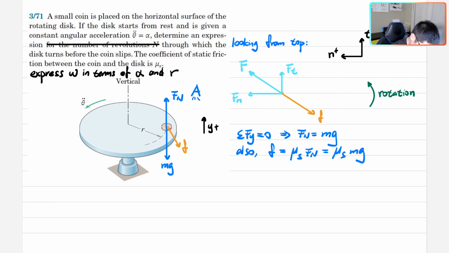So for the top view, we can write the sum of Fn and the sum of Ft. This is your m a_n, this is your m a_t.